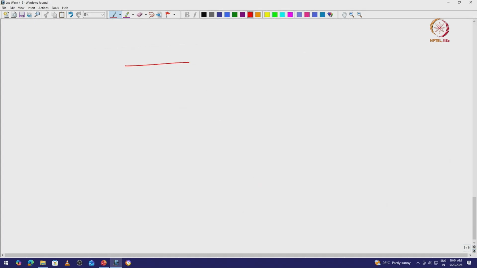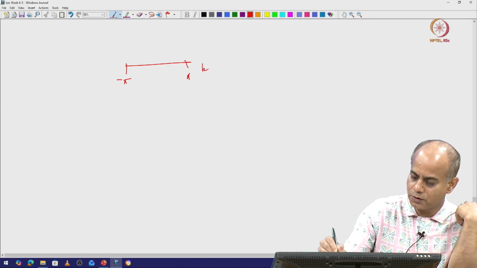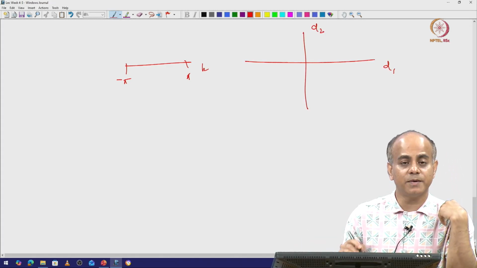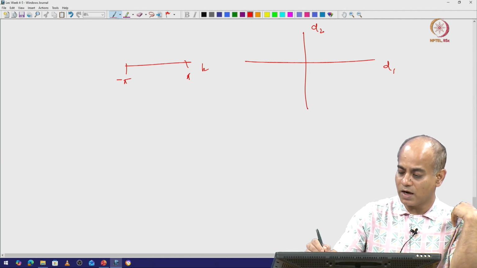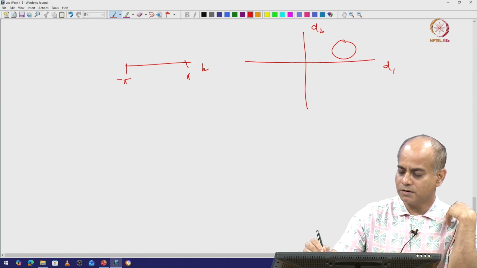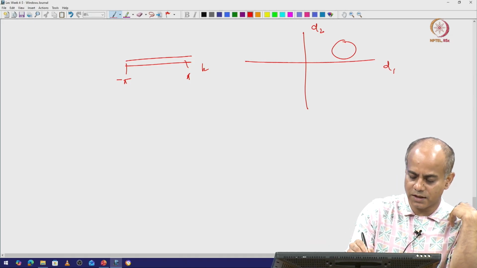And so, what we are doing is going from minus pi to pi in k space to D1 D2 space. So, there are two cases, one is when it happens somewhere here, the loop as we go from here to there.